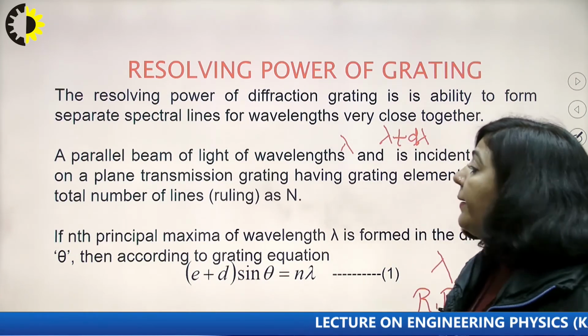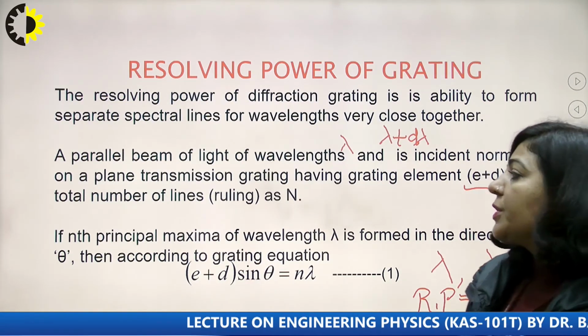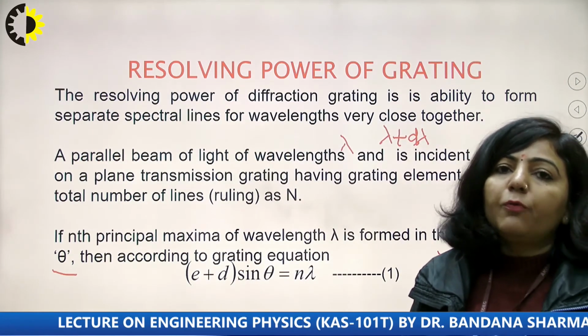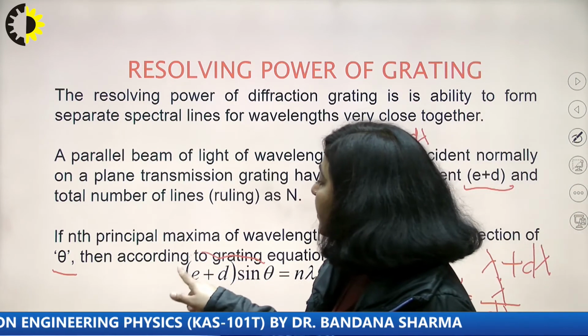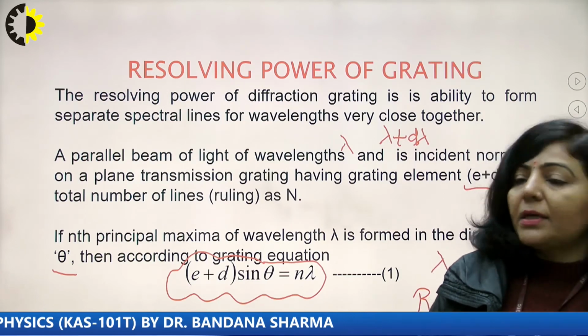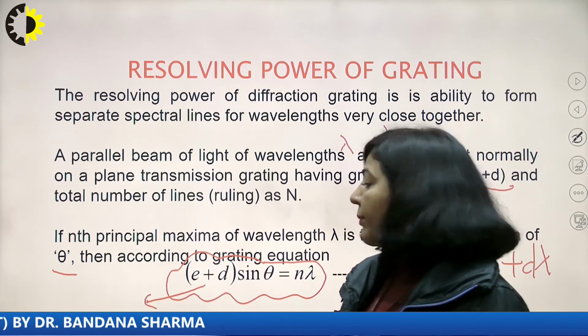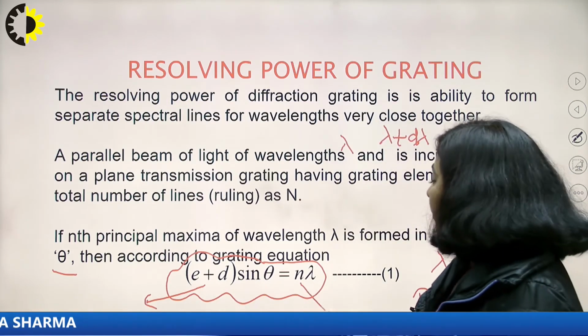Now if the nth order principal maximum of wavelength lambda is observed at this angle theta, you know what is the condition for the nth maximum in a plane transmission grating. You know that famous grating equation: (e plus d) sine theta is equal to n lambda. You can see here, this one is your grating element, theta is the angle of diffraction, and n is the order of the maximum.